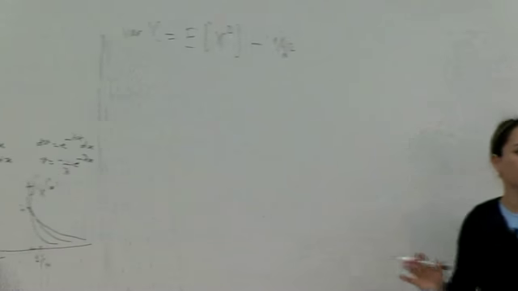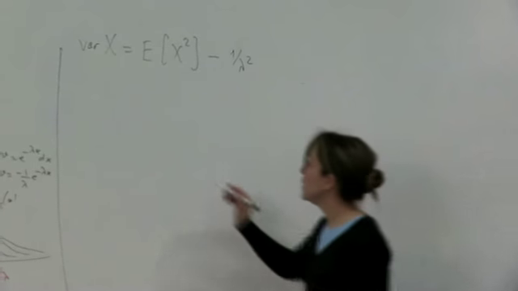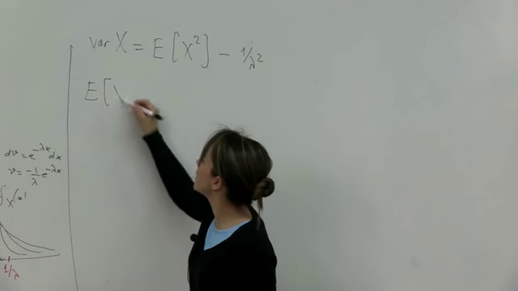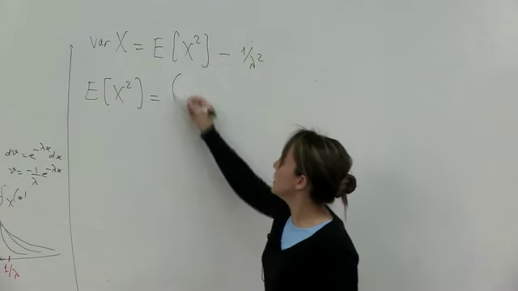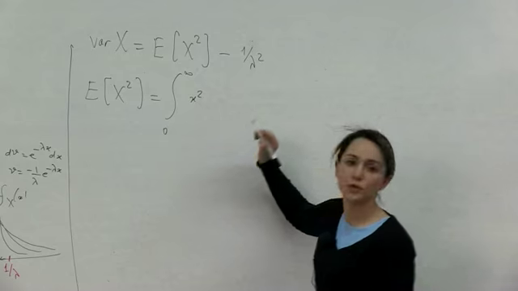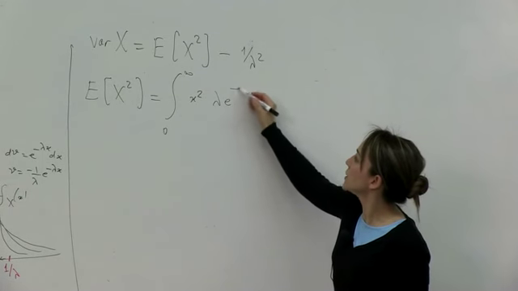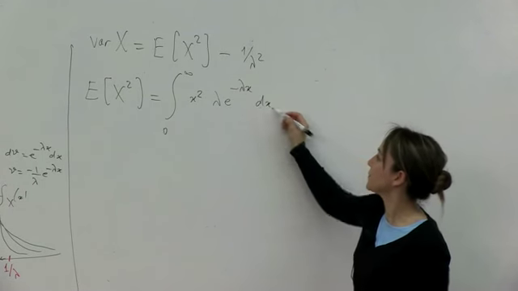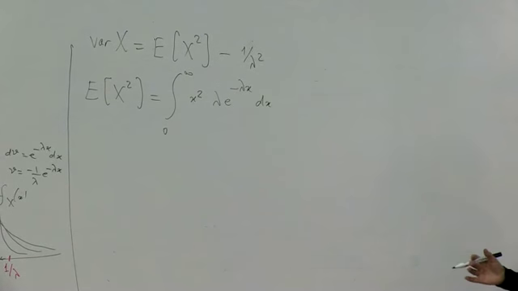So we need to find the second moment in order to find the variance. Second moment, that's the integral from 0 to infinity, x squared times lambda e to the minus lambda x dx.